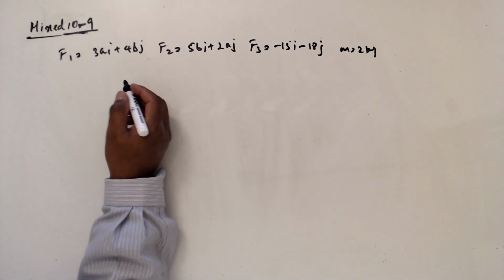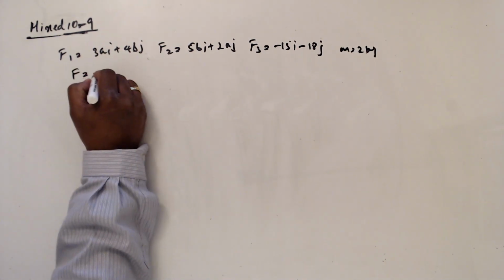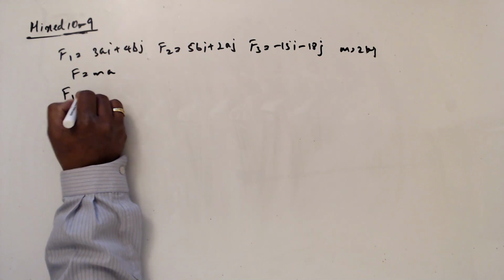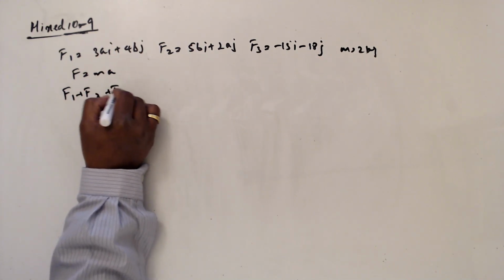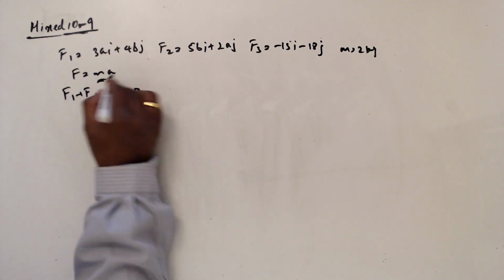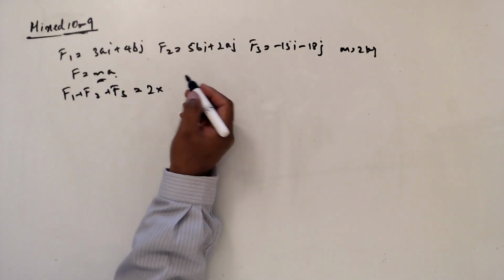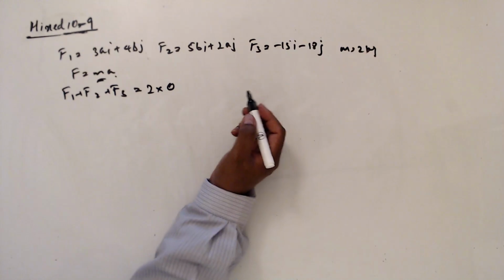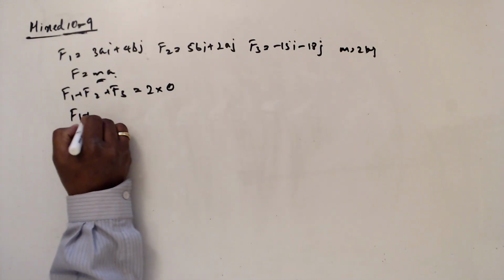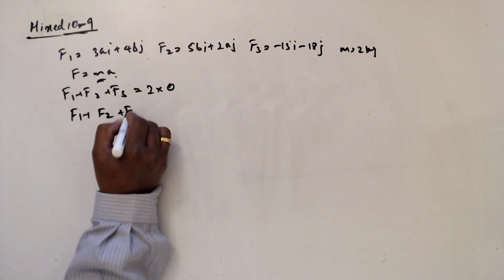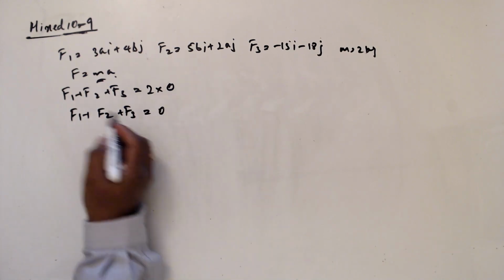So they are in equilibrium. It means F equals ma, when we put F1 plus F2 plus F3 equals m, which is 2, times the acceleration. In equilibrium it's not moving. It means acceleration is 0. It means F1 plus F2 plus F3 equals 0.